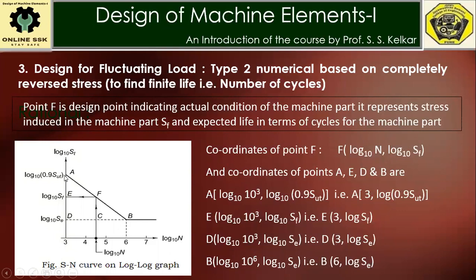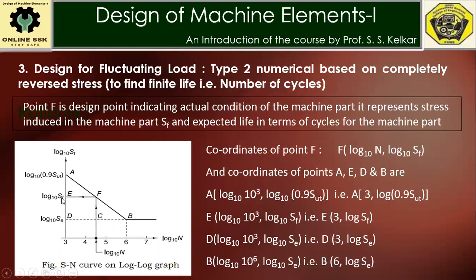Point A has x coordinate log to base 10 of 10 raised to 3, which is 1000. So log to base 10 of 10 raised to 3 is 3. That's why here we just mention 3. Its y coordinate is log to base 10 of 0.9 SUT. F is the design point. Its x coordinate will be the expected life in terms of cycles, N number of cycles, so log N to base 10.